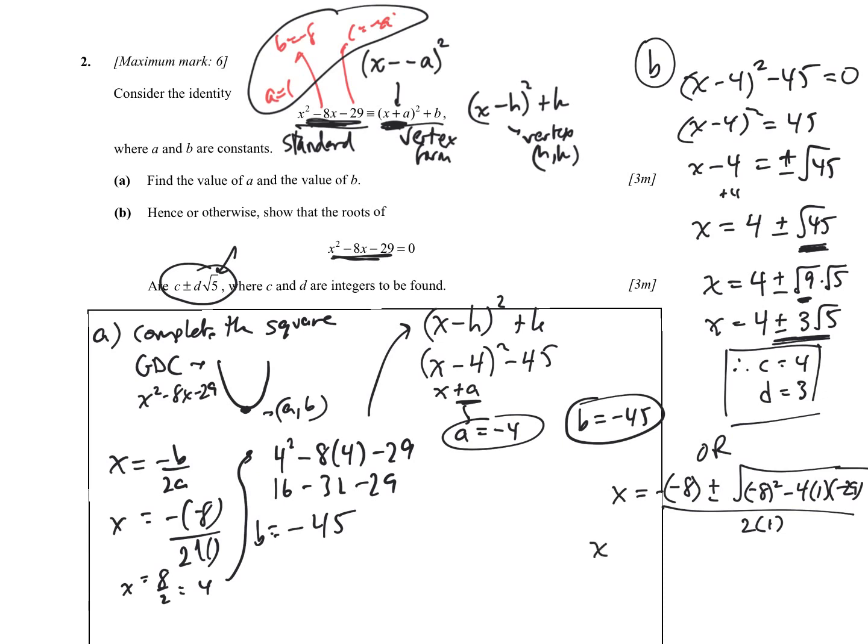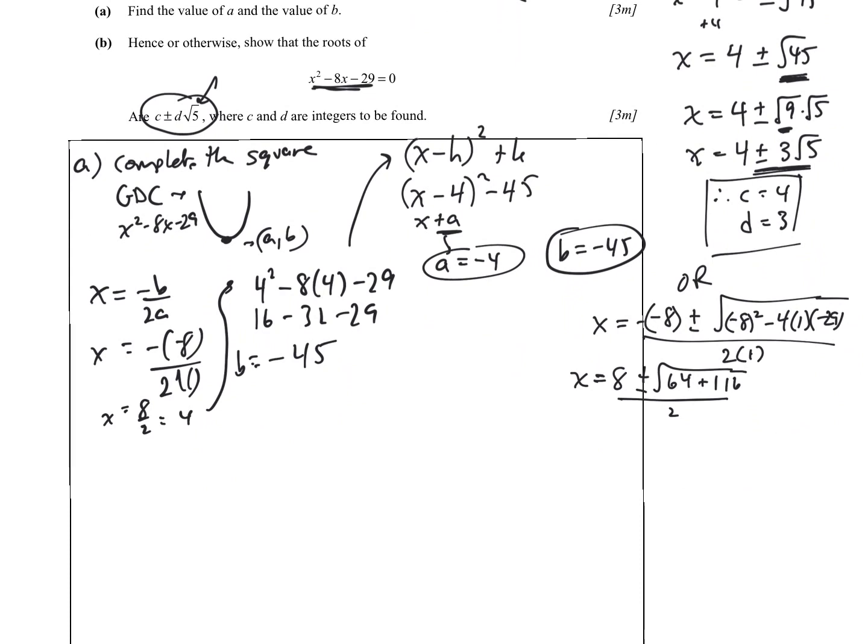When you work that out in your GDC, you end up with 8 plus or minus the square root of 64 plus 4 times 29, which is 116, and then you add those together and you end up with x equals 8 plus or minus the square root of 180.